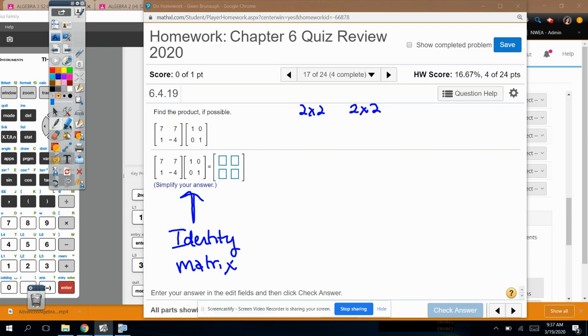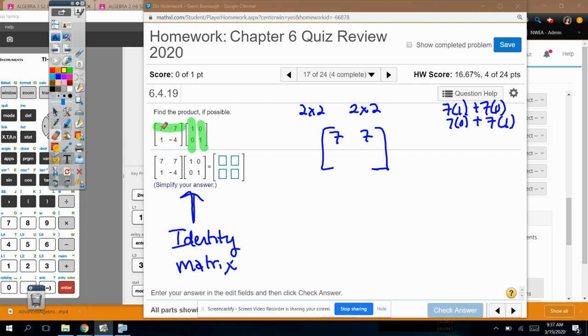If you take this row times this column, the 7 is times the 1, but the second 7 is times the 0, which means you just get 7. Take it times the second column here, and the 7 is times the 0, and then the second 7 is times the 1, so you get a 7 again.